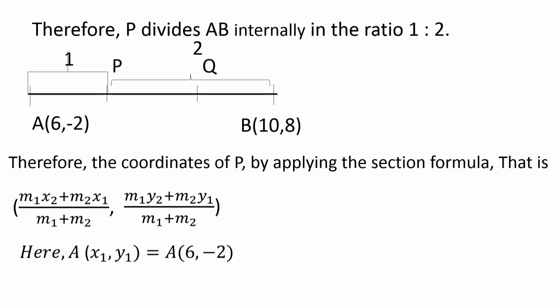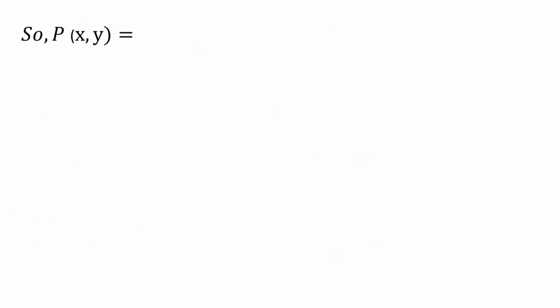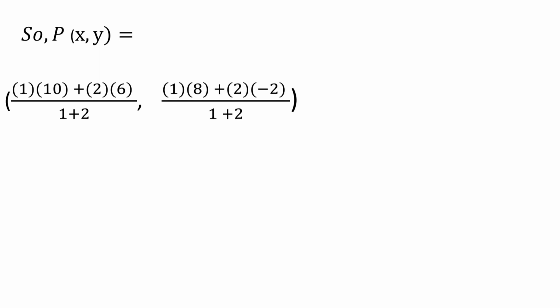Here A (x1, y1) is equal to A(6, -2), B (x2, y2) is equal to B(10, 8). Apply the values: 1 into 10 plus 2 into 6 upon 1 plus 2, 1 into 8 plus 2 into minus 2 upon 1 plus 2. You can observe that P(x, y) is equal to (22 by 3, 4 by 3), put within the bracket.